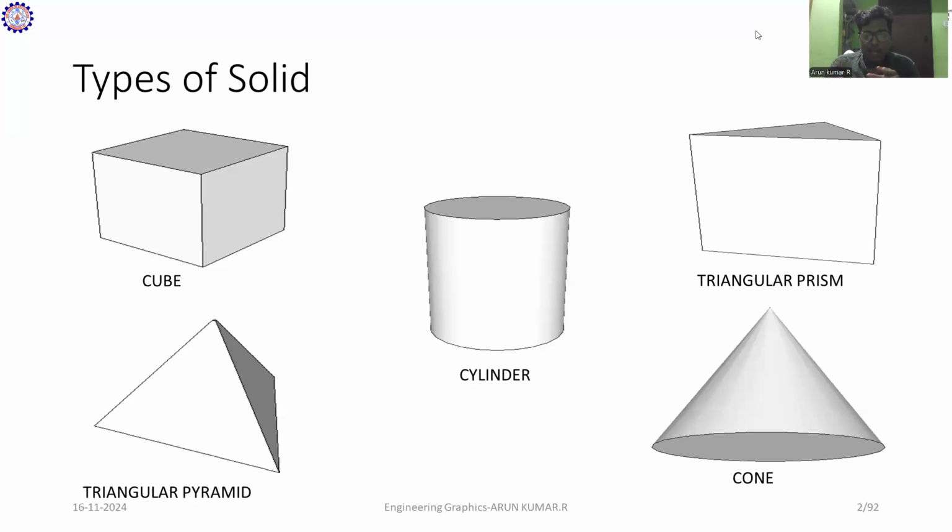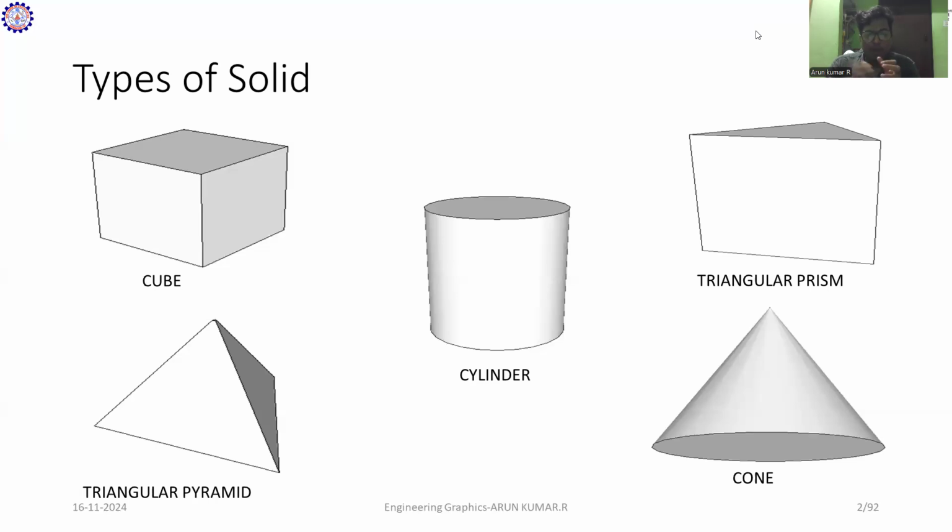All the edges and corners join at one point, but a cube and triangular prism are not like that. The shape at your bottom side is the same look at your top side. For example, if you take a circle, that is a cylinder. The circle is at the bottom side, and the same diameter is seen at the top side.